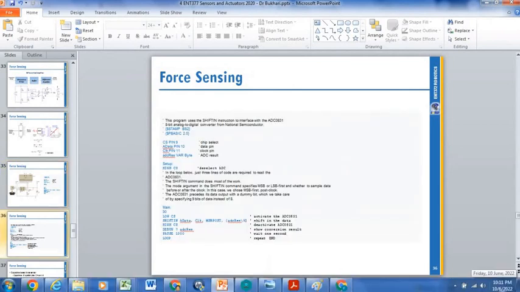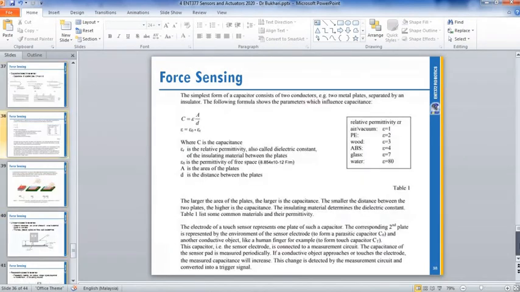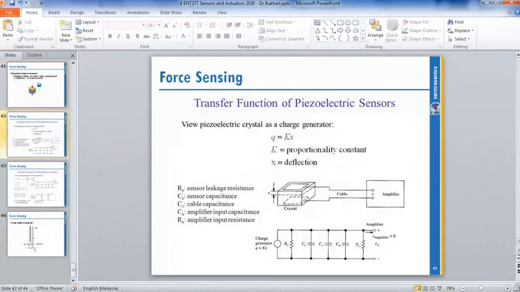Now it's 10:11 already, exceeding by 11 minutes. So I hope we already cover all the sensor topic with Prof. Abu Hassan. I will share this after the class.